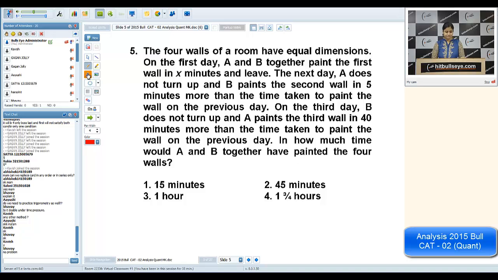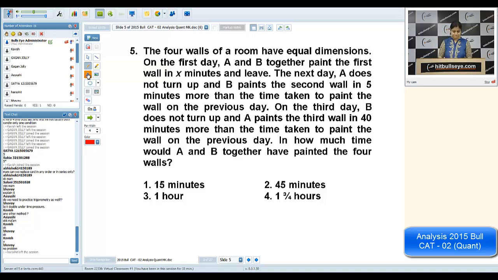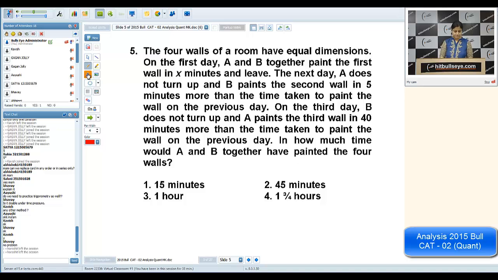Very good. Last year in many slots there were time and work questions, I think 3 or 4. So please master this area as well, commercial maths. Yes, all of you. I'm leaving this question since there is no query.